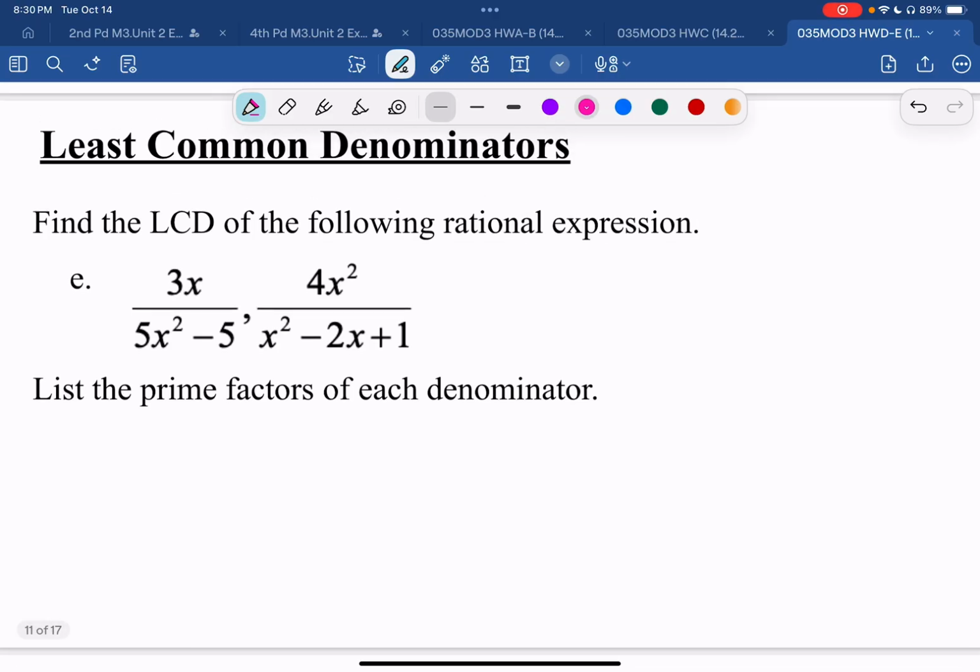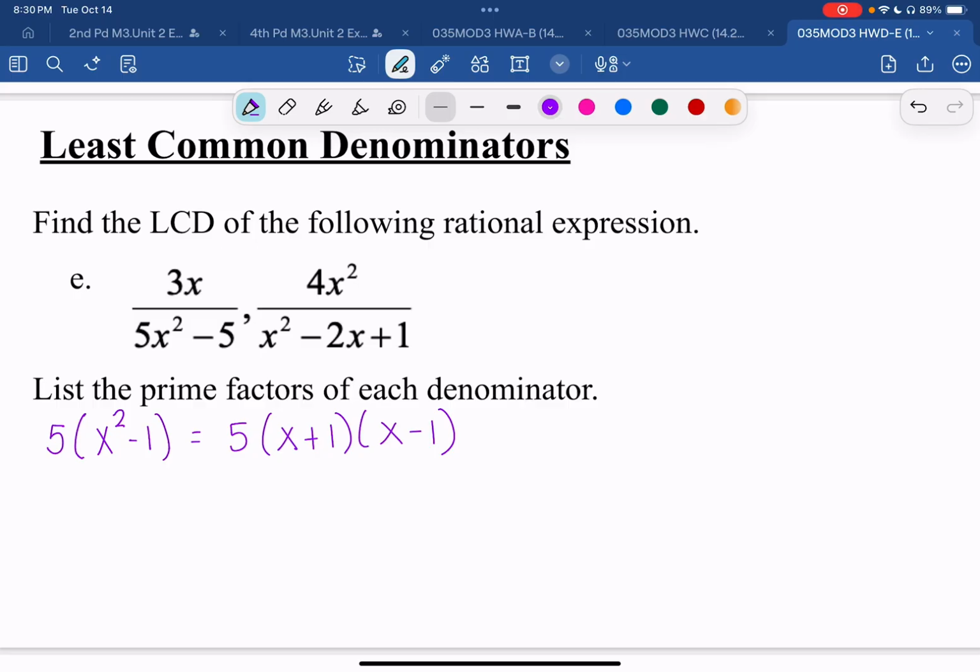All right, how about this one? Again, we're going to factor. Every time we're going to start by factoring the denominator. So 5x squared minus 5. That's going to take out a 5, leaves me with x squared minus 1. Can keep factoring that: 5, x plus 1, x minus 1.